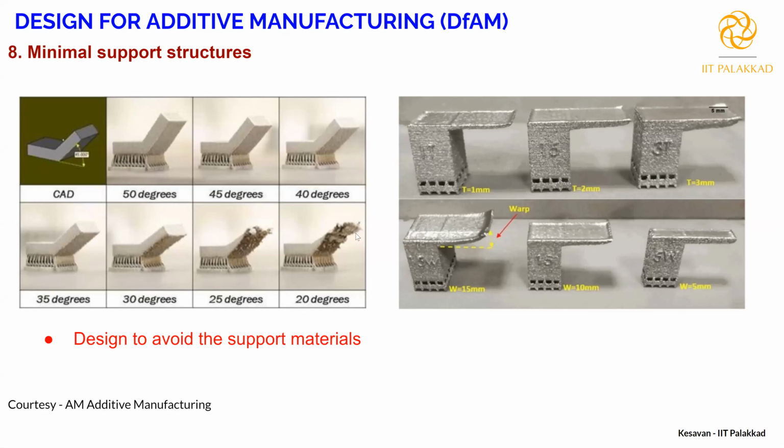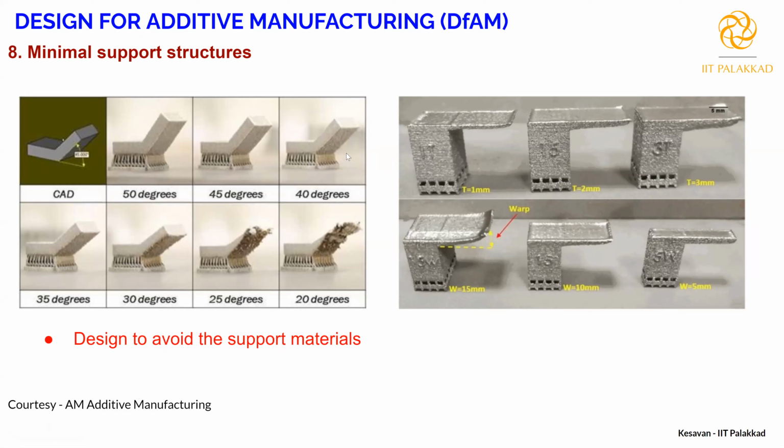You see here, if you don't follow those principles, what happens? This is one simple example, printed at 50 degrees, 45 degrees, 40 degrees, 35, 30, like this. As the angle decreases below 40, you see that the surface is collapsing, right?